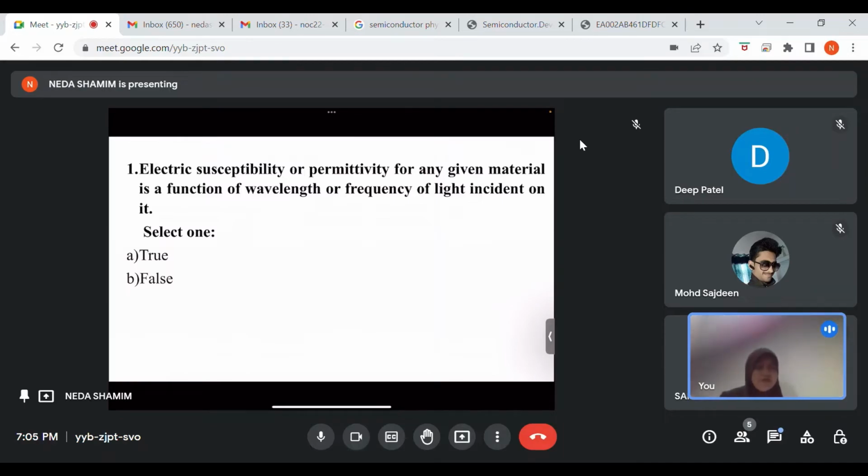Why do you think it should be a function of frequency? We know that dielectric constant is a function of frequency, but how do you prove that? Physically or using some mathematical form? Because permittivity is inversely proportional to omega. Yes, permittivity is inversely proportional to omega. So how do we get to this conclusion?